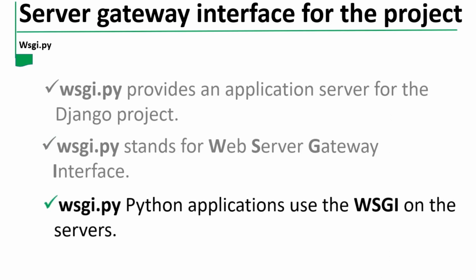Python applications use wsgi on the servers. Normally, when you're running our Python applications in the development environment, the wsgi provides an interface for running the server for our application.